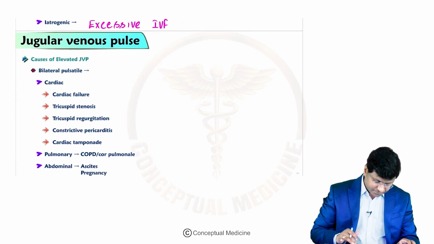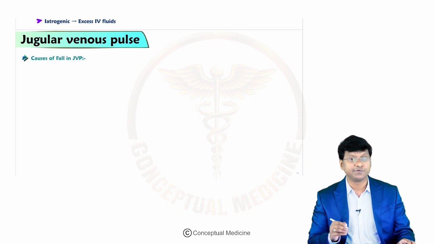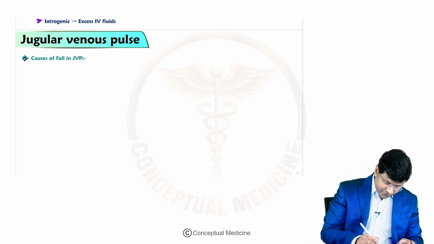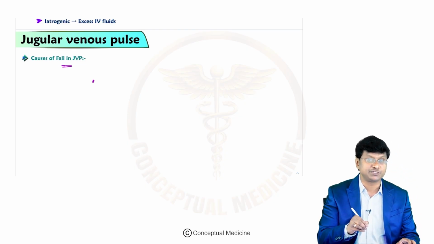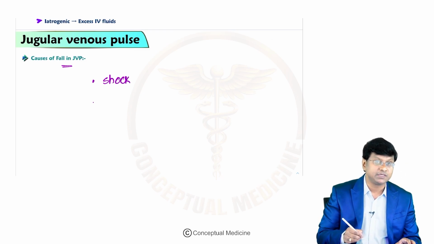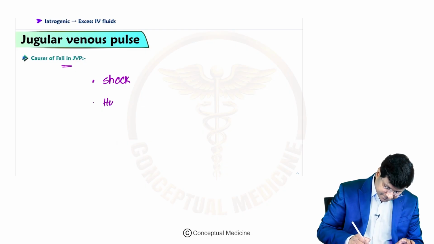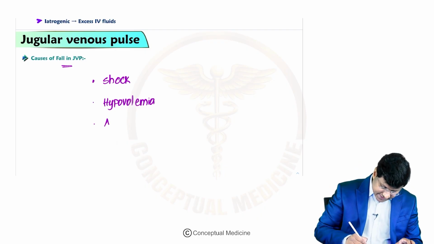Then you need to know what are the causes for fall in the JVP. Fall in the JVP, you will have that wherever there is fall in the blood pressure of the individual. That is in patients with shock, in patients with hypovolemia, and in patients with Addison's disease.